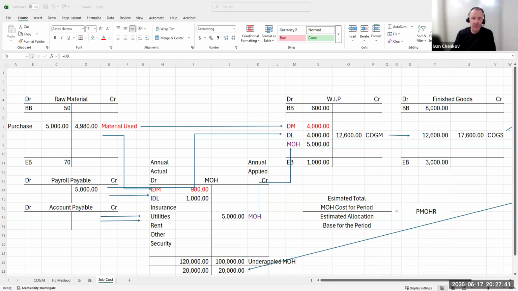Do you remember how we came up with the activity for the electricity and how we came up with the cost? Are you guys there? So do you remember how we did this?